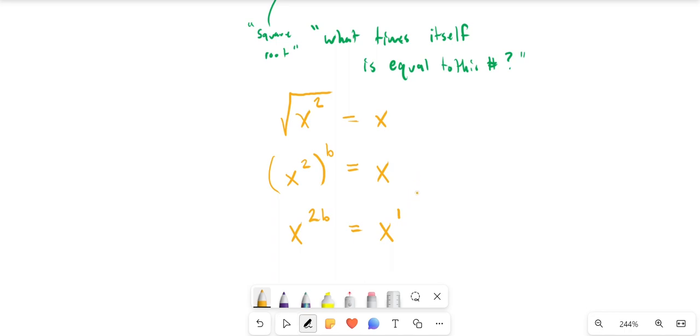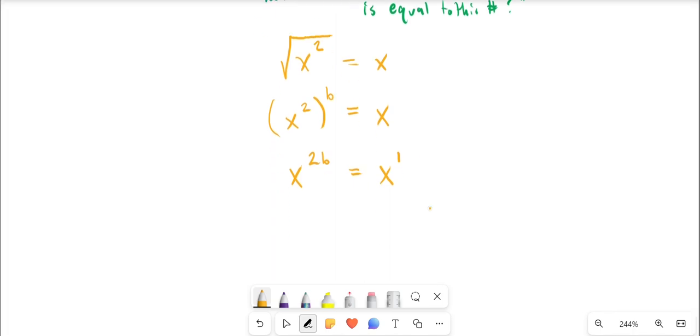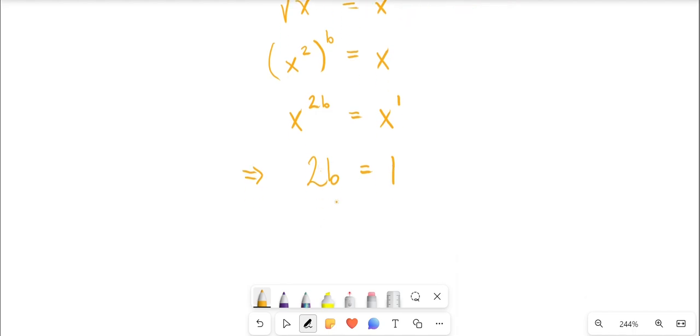And for reasons that we'll address later when we talk about inverses of functions, this tells us something about how the two exponents have to relate. If I want these two to be equal, I'm going to need 2b to be equal to 1. And if I told you to solve 2 times b equals 1, I hope you could do it. You would get that b is equal to 1/2.